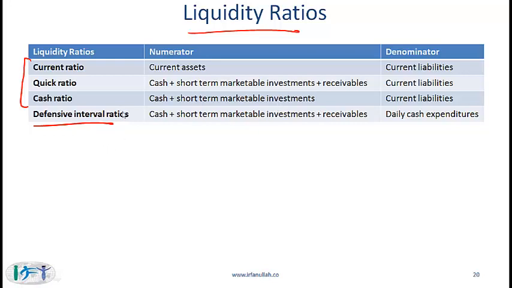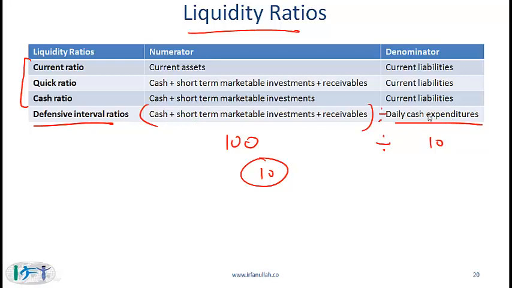This looks at the current assets divided by the daily cash expenditures. So if the current assets are 100 and the daily cash expenditure equals 10, then our defensive interval ratio is 100 over 10, which is 10. This essentially means that we have 10 days worth of short-term assets. So we can meet 10 days worth of daily expenditures.